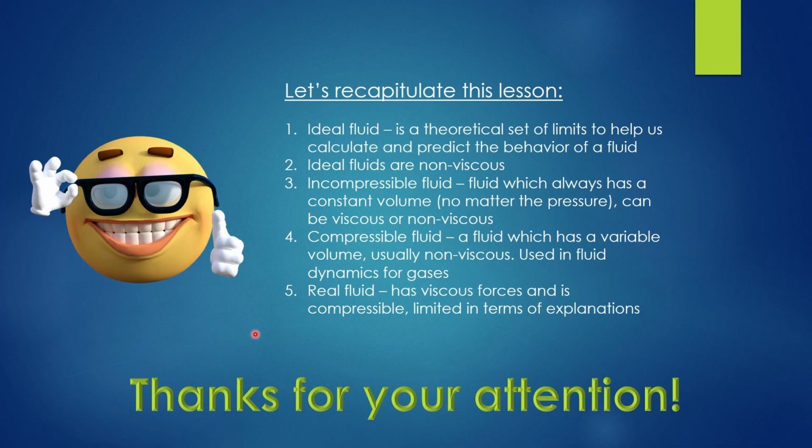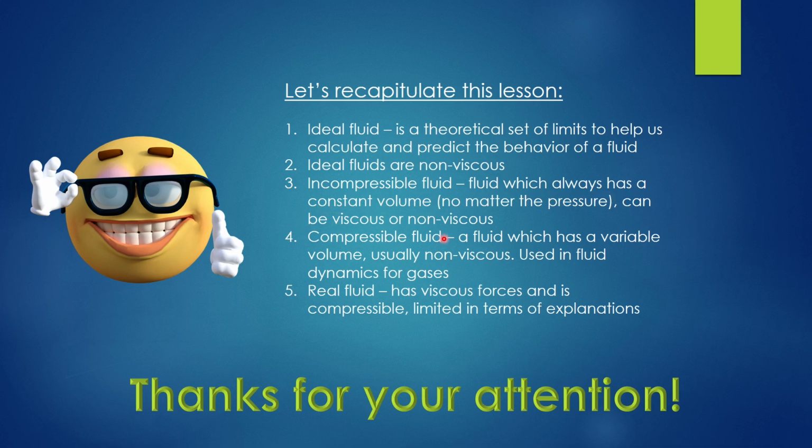Okay, this is it for the lesson on types of fluid models. Let's recapitulate the materials from this lesson. So an ideal fluid is a theoretical set of limits to help us calculate and predict the behavior of a fluid. Ideal fluids are non-viscous and non-compressible. An incompressible fluid is a fluid which always has a constant volume, no matter the pressure.